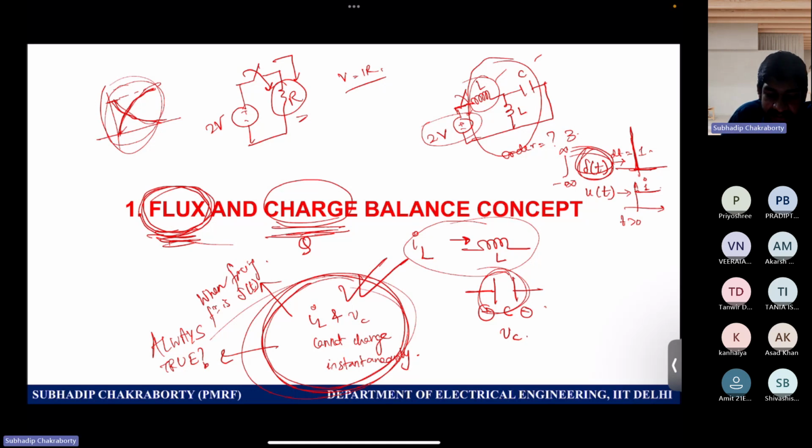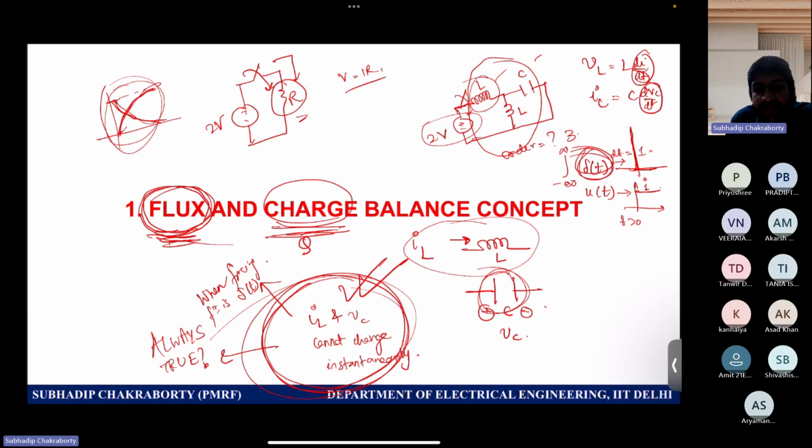You know V_L is L di/dt and I_C is C dv/dt. So when these terms change instantly due to switching in a small time, maybe di is 3 and dt is 0.00001, in microseconds, that strength is very high. So we call it impulsive. So they are delta t form.